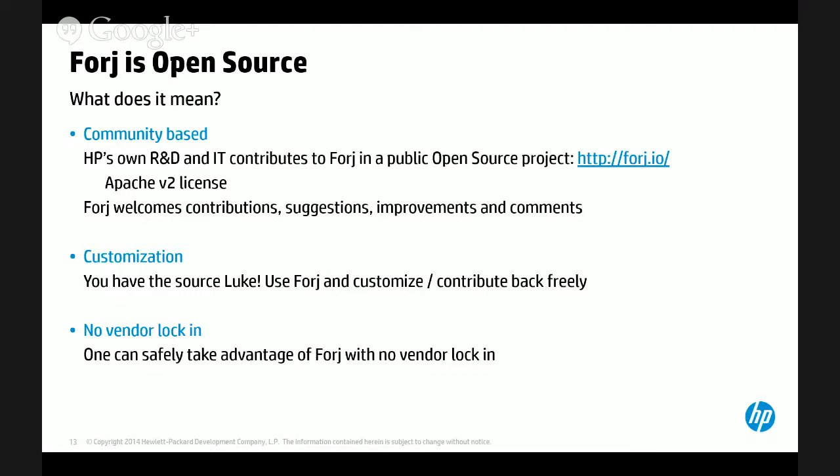And because it's open source, you have the source, so you can really take advantage of it, but also contribute back. We really are looking forward to that, and you can safely invest in this solution if you choose to do so, without any kind of fear for the continuous integration and delivery stacks that may be super critical for you.